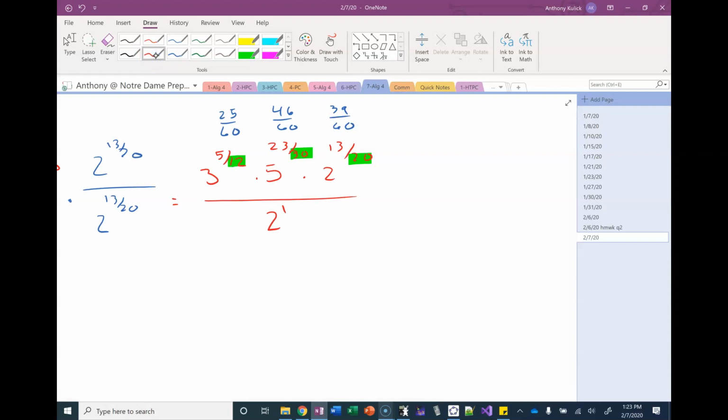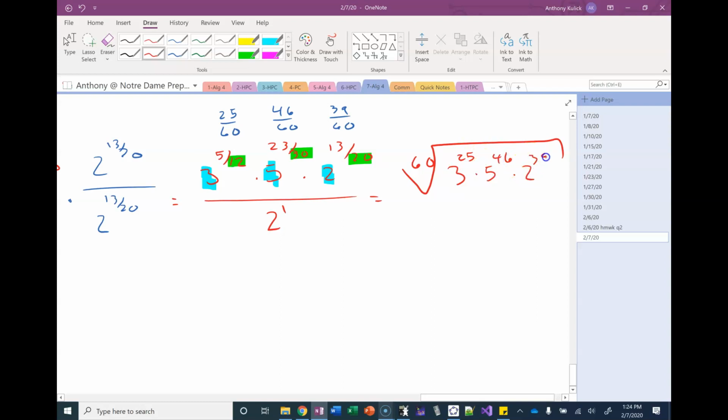But I'm not going to add these numbers together. Why not? The bases of these exponentials are different numbers. You cannot combine them. Instead, what this is going to allow me to do is put them all under a 60th root of 3 to the 25th, 5 to the 46th, and 2 to the 39th.